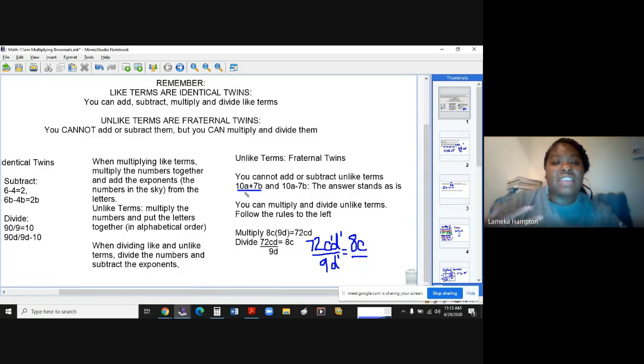If they had the same letters, then I would be able to add those together or subtract those. So this again, this would not be 17ab. So don't do that to yourself. This is not the answer. Just like this answer, 10a minus 7b, it would not be 3ab. Again, don't do that to yourself.